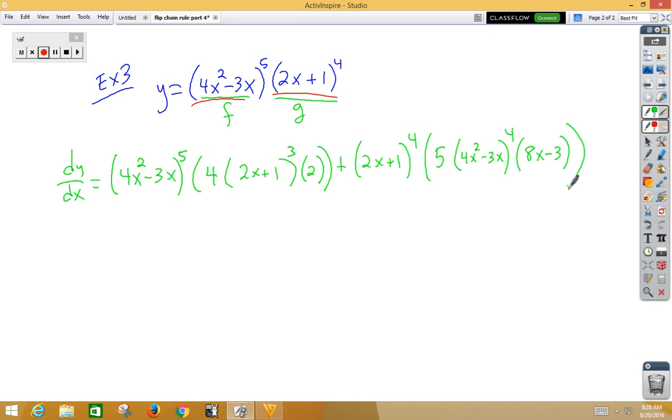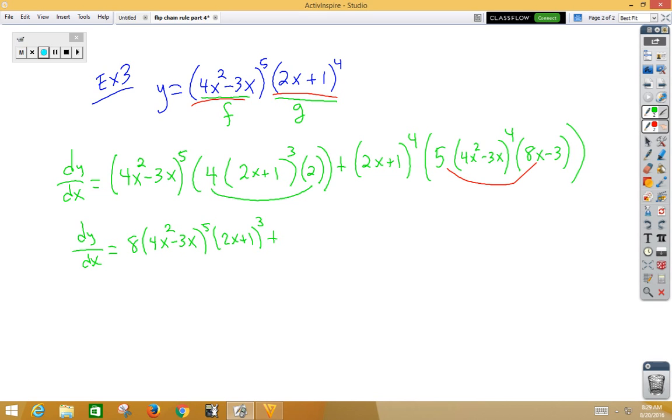We can clean this up just a little bit. 4 times 2 is 8, so dy/dx is equal to 8, 4x squared minus 3x to the fifth power, 2x plus 1 cubed, plus, and then our second problem, we could probably bring this piece here.